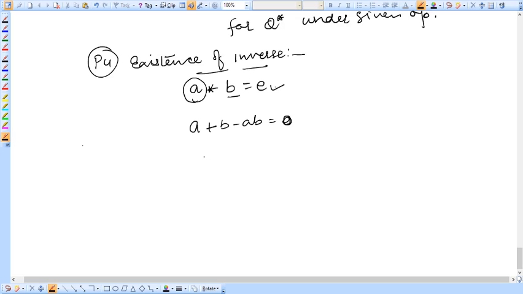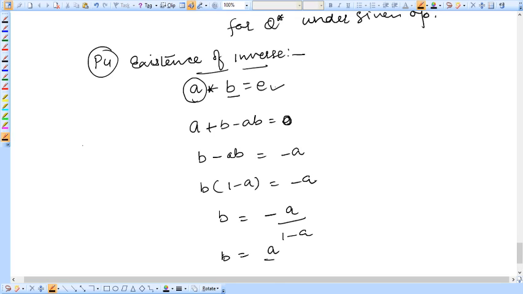take A to the other side, so we are left with B minus AB is equal to minus A. B common, 1 minus A, is equal to minus A, so B is equal to minus A over 1 minus A. Okay, so now cancelling this sign, B is equal to A over A minus 1.